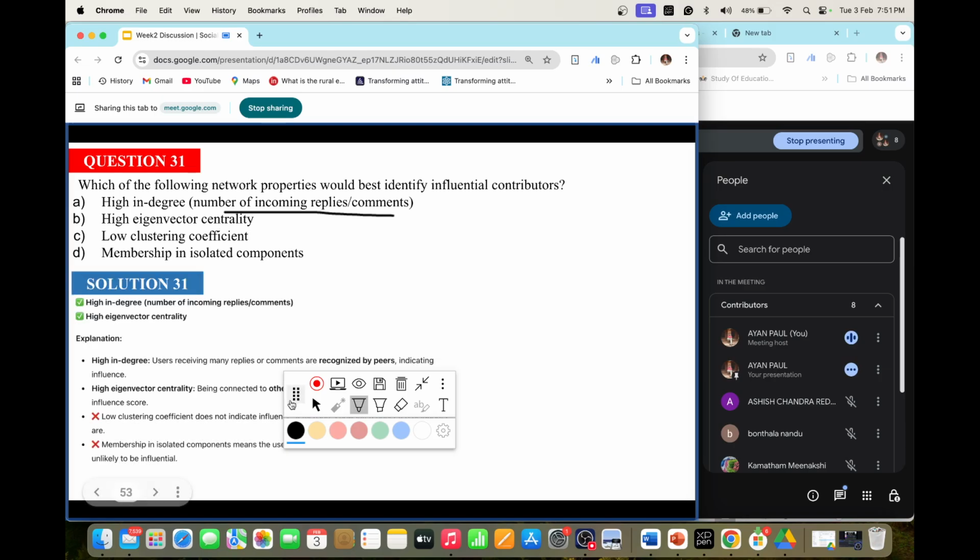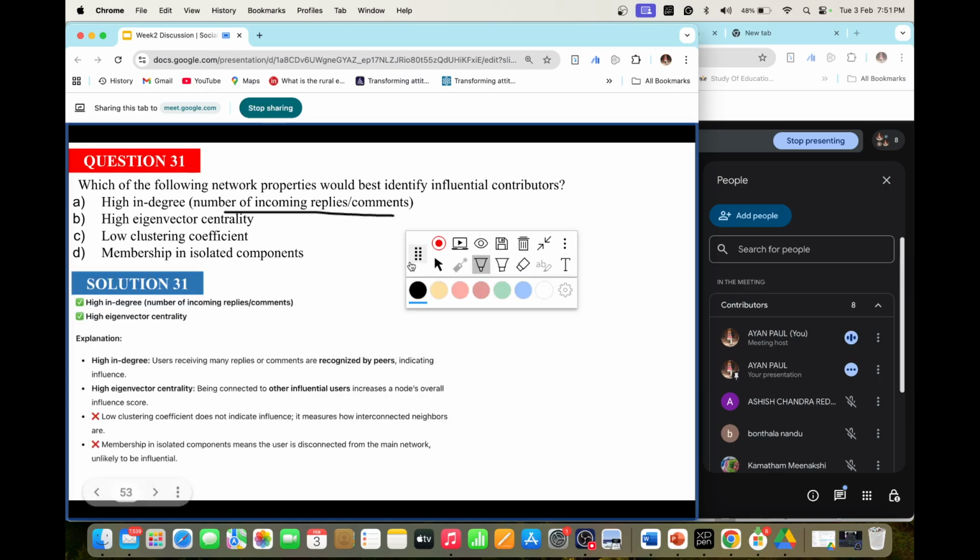High in-degree means users receiving many replies or comments, recognized by peers, indicating influence. High eigenvector centrality means being connected to other influential users, which increases a node's overall influence score.